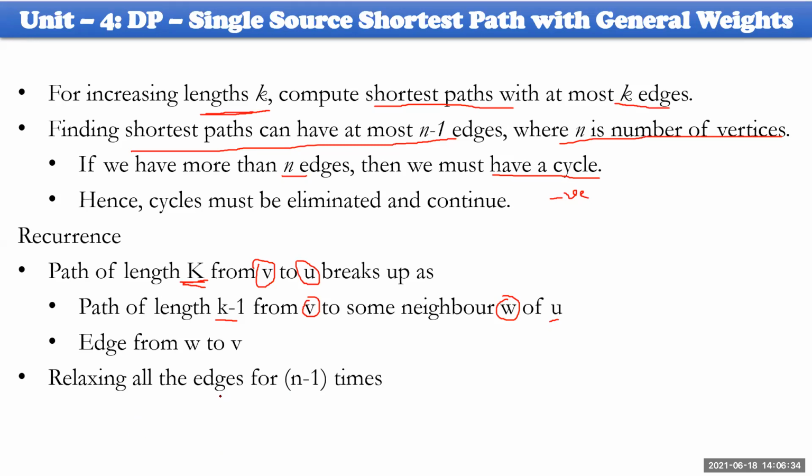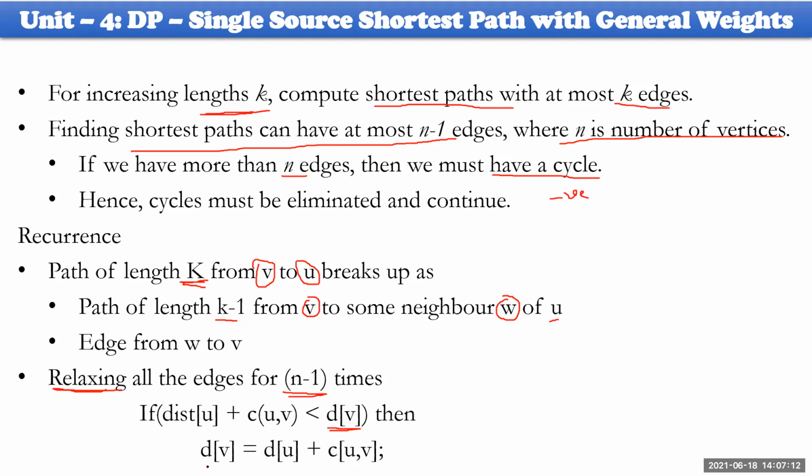Relaxing all vertices, relaxing in the sense of reducing the distance, reducing the cost, is done for n minus 1 number of times, where n is the number of vertices. How can you relax? What is the relaxing function introduced here? If distance of u plus cost of u comma v is less than distance of v, then we need to update: distance of v will be equal to distance of u plus cost of u comma v.